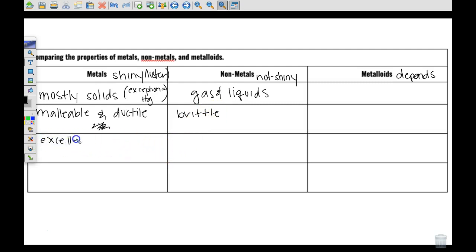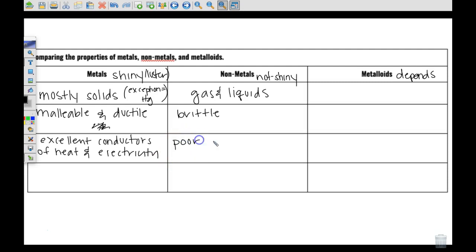Metals are excellent conductors of heat and electricity. Which is why copper wiring is used in homes to run your electric. And also most heat pipes are made of metal as well, or radiators rather.